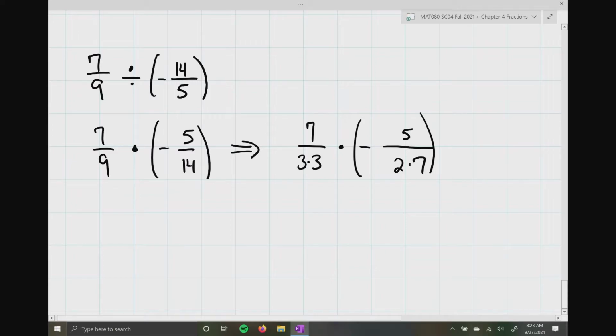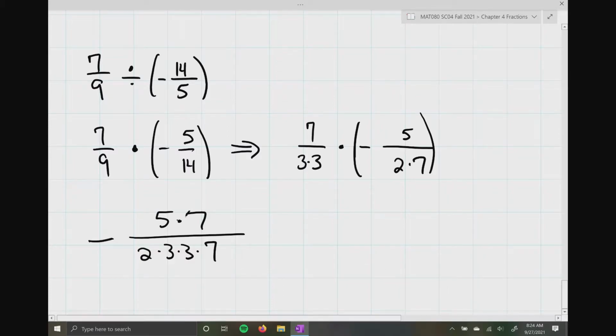Now, I need you to realize my technique didn't change even though there's this negative right here. Nothing changed. I just kept doing what I'm used to doing. So now I'm going to write one big numerator and one big denominator, and I'm going to put the negative all the way out front. And my last step here is just to simplify if I can.